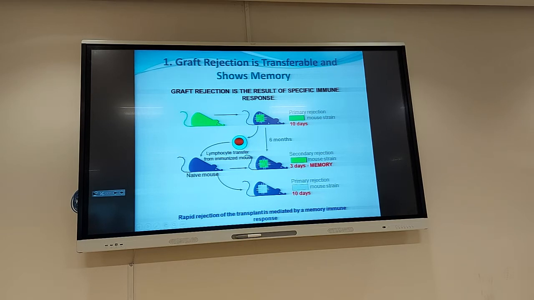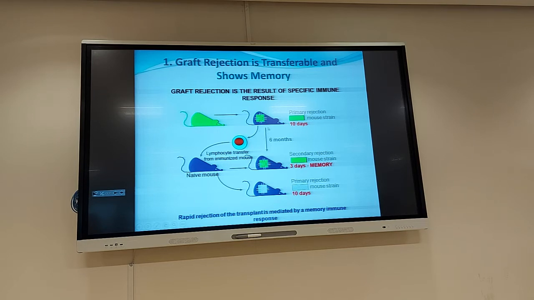And if the genetic relatedness is very different, after 10 days that graft will start to necrose. It's not getting enough blood, and it will die off and slough off the recipient.